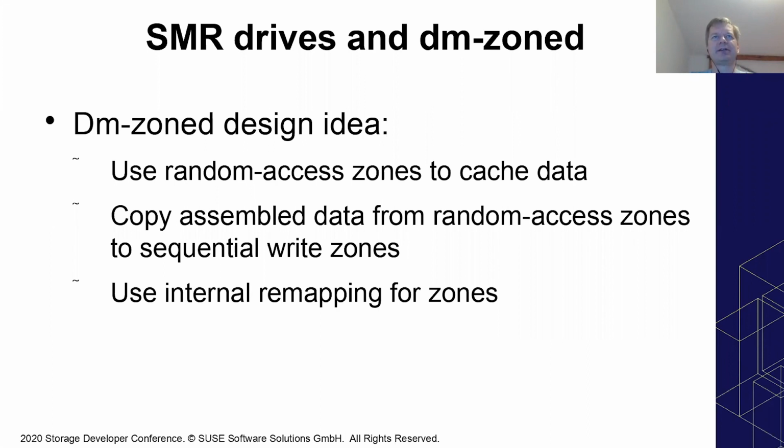The overall design idea is that one can use the random access zones to cache the data. So normal I/O will just go into the random access zones and be assembled there, and once the zone is full or needs to be moved out, it will be copied over to a sequential write zone.